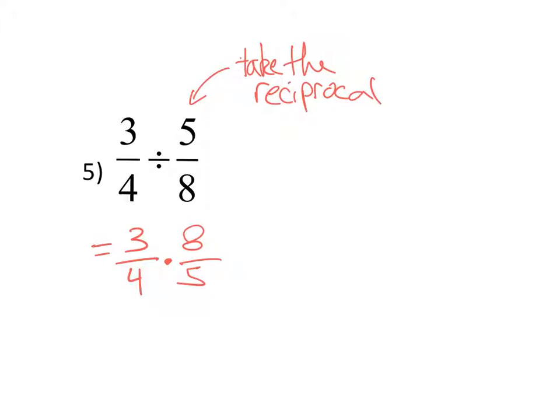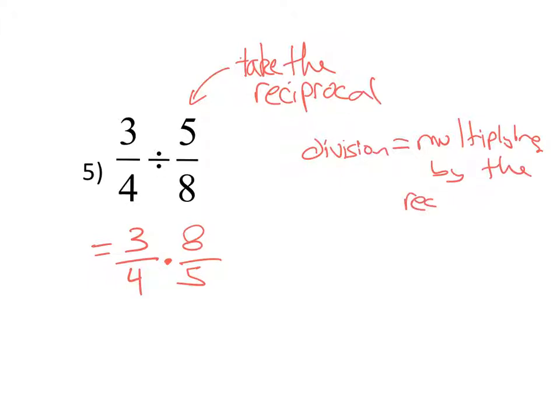Okay, the reason this works, okay, is that division equals, or it is multiplying by the reciprocal. Okay, so when I multiply by the reciprocal, which is what I've just set up here, I'm doing the same thing as division.